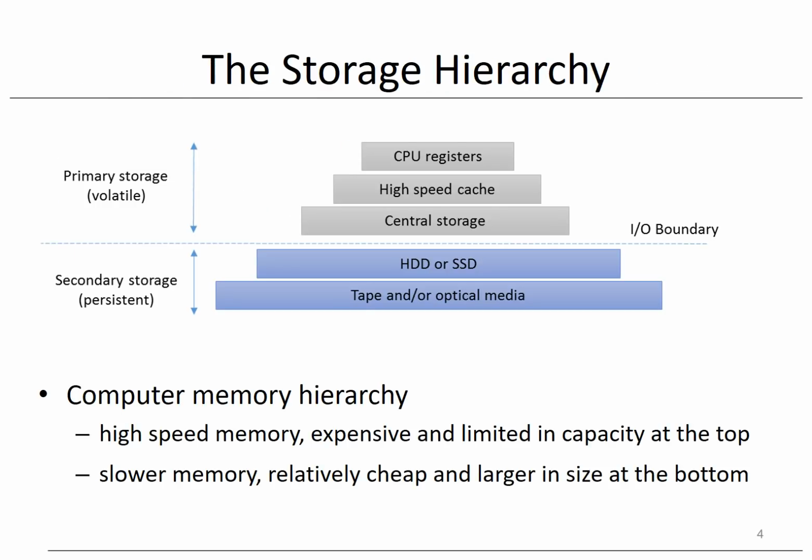A computer system's memory can be looked upon as a hierarchy as shown here, with high-speed memory that is very expensive and limited in capacity at the top, and slower memory that is relatively cheap and much larger in size at the bottom.